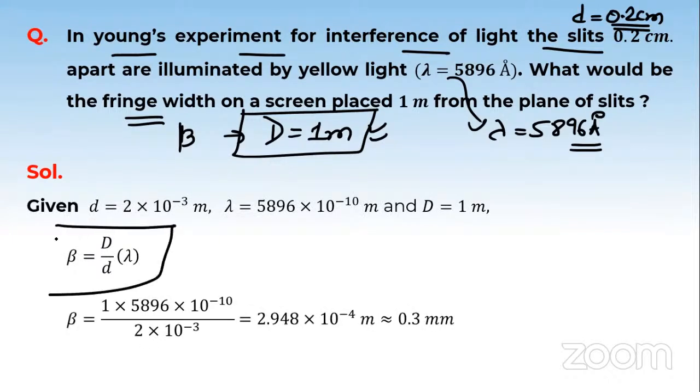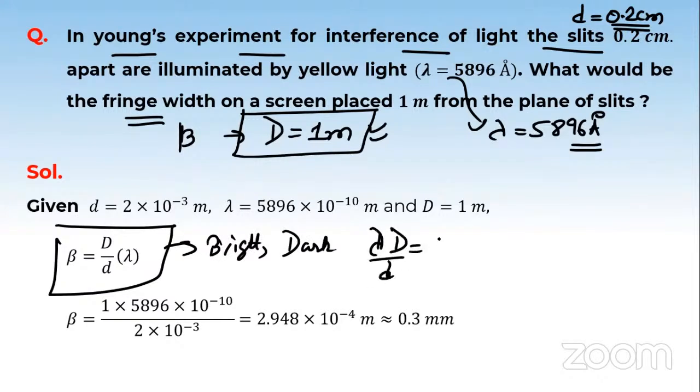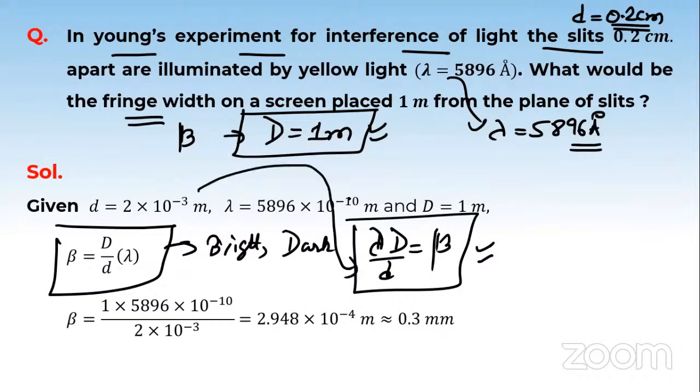We know the fringe width formula, either for the bright or the dark fringe, is the same: beta equals lambda capital D by d. Put these values in and you get beta equals 0.3 millimeter.